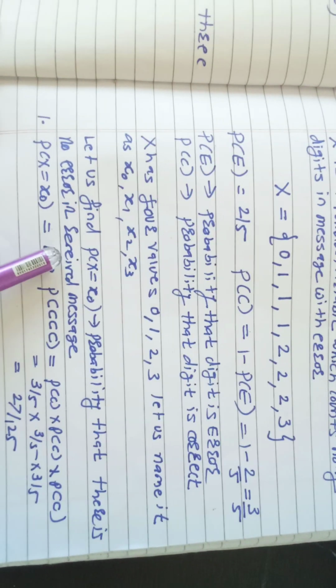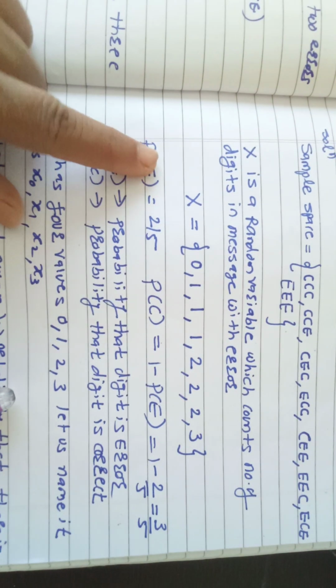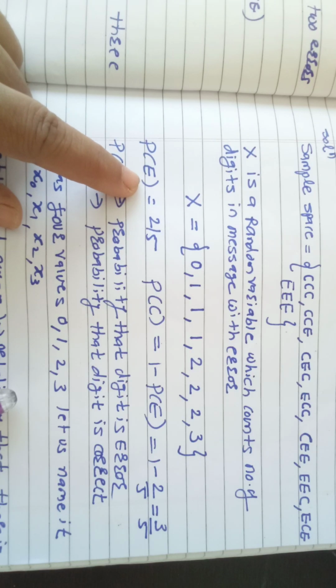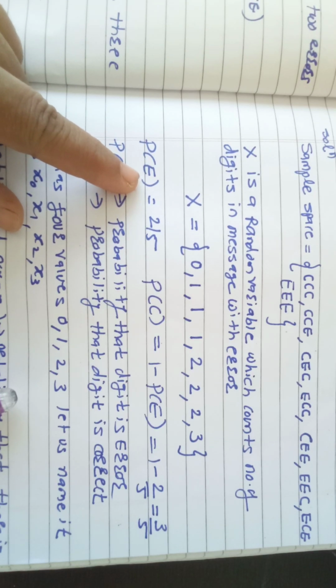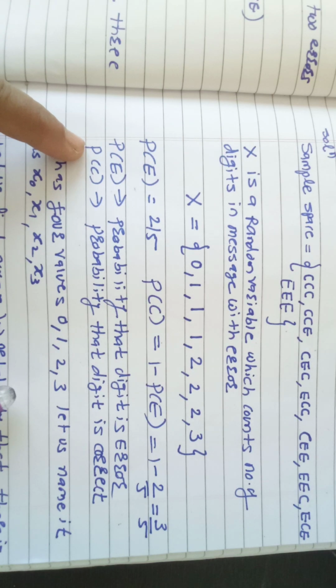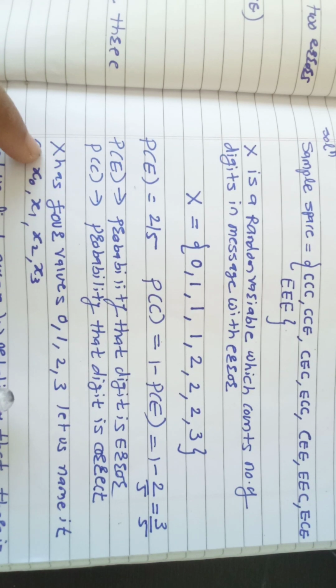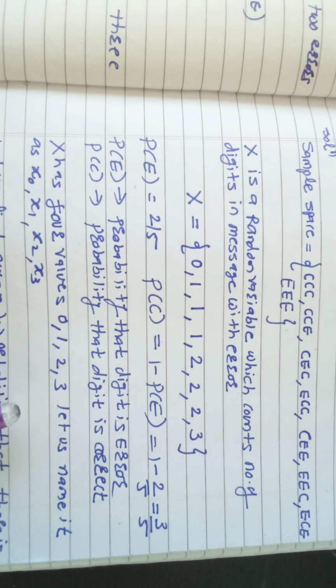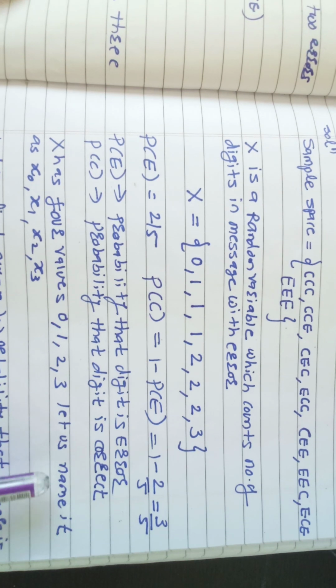So the first step is the sample space. After that we defined the random variable which counts the number of digits with errors. Then the per digit error probability is 2 by 5, so the per digit not-error probability, or that digit being in correct form, is 3 by 5.